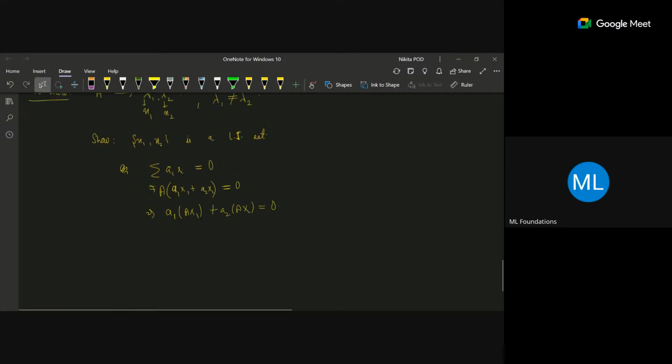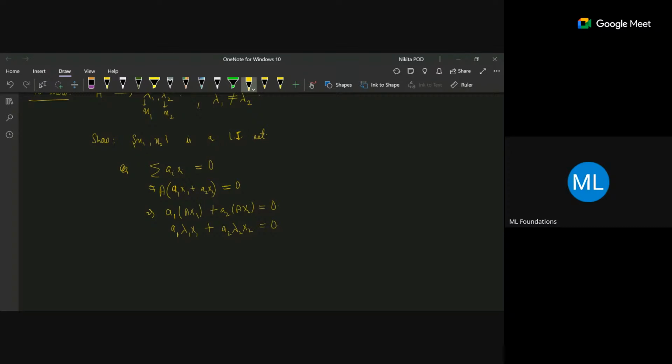Now Ax1 would be lambda 1 x1. So this would be a1 lambda 1 x1 plus a2 lambda 2 x2. This would be 0.